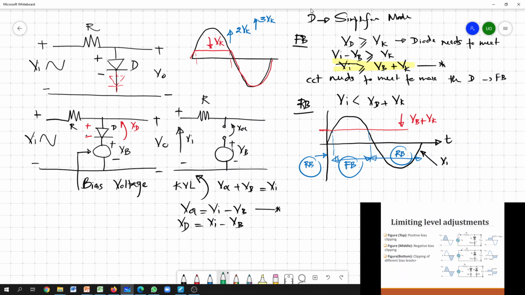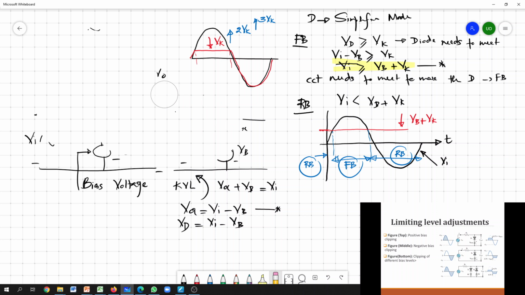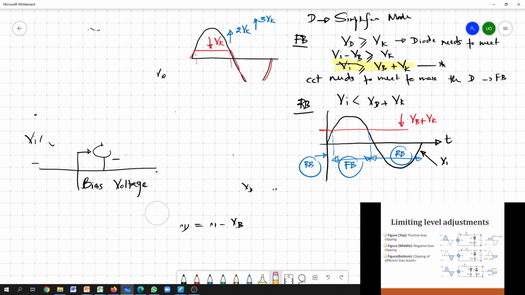Now we can evaluate the circuit for both the forward bias scenario and the reverse bias scenario.